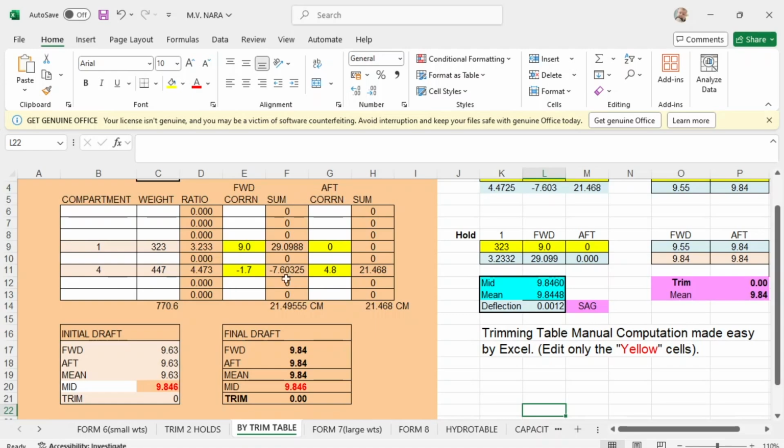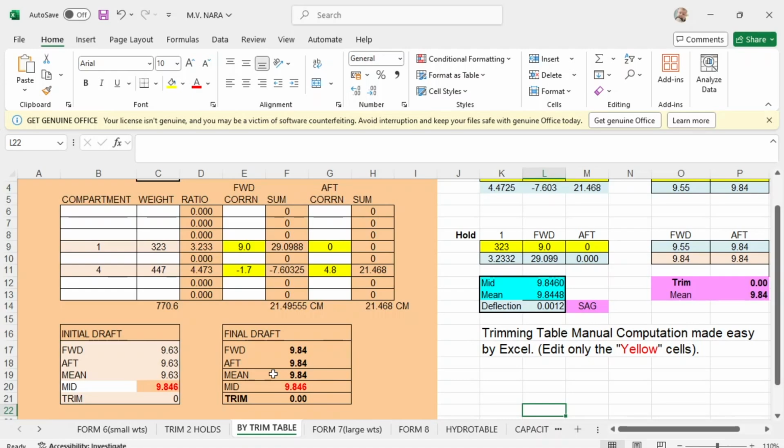With these figures, guys, this will be forward draft is 9.84, up is 9.84, mean is 9.84, mid is 9.846, then you have zero trim.